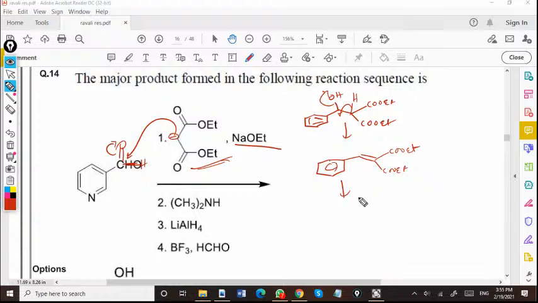Now the attack of the second reagent, that is dimethylamine. If it is attacking, it's going to convert to this.